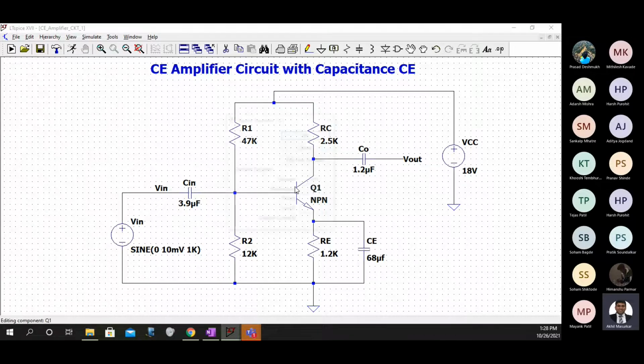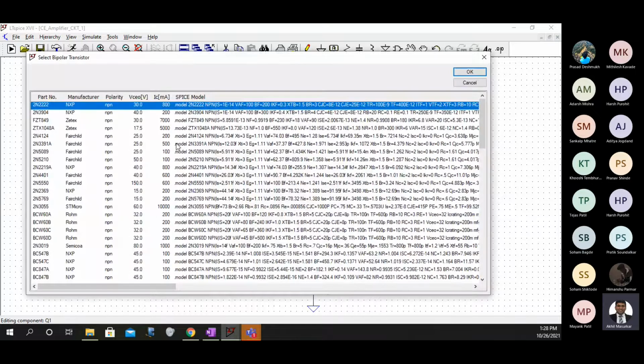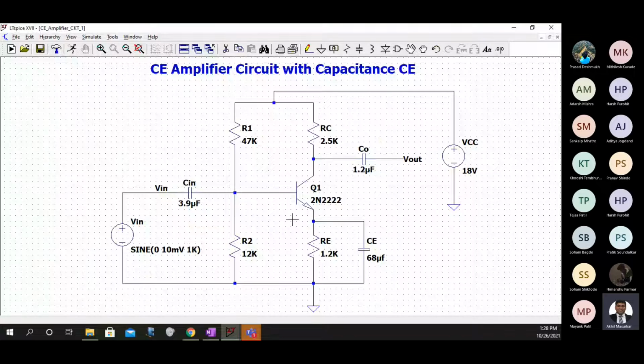So first what we will do is we will simulate with 2N2222. Select this transistor and then say run in the chat, and then post this circuit in the chat box.